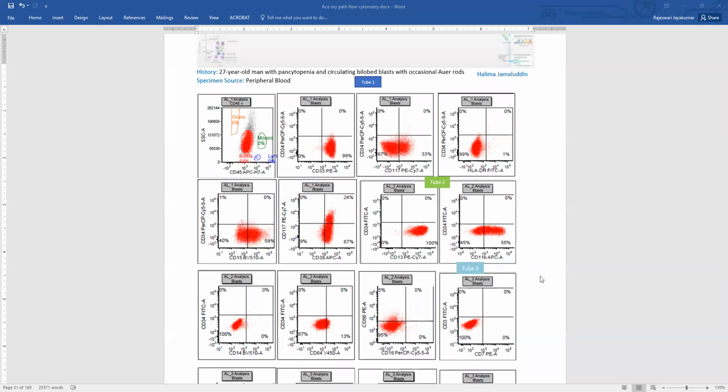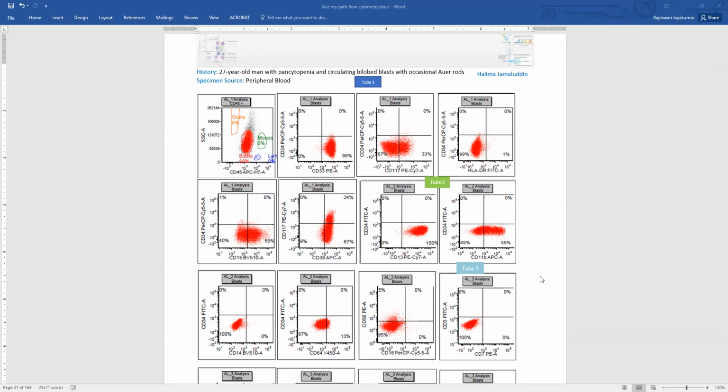So when you see this combination, you should think about APL, and other markers can be variable. CD13 expression can be partial, CD117 can be partial, CD64, CD11b, CD15, they can be there, they need not be there. CD2 expression can be seen. So all these are variable, but high side scatter, bright CD33, negative HLA-DR is pretty consistent.